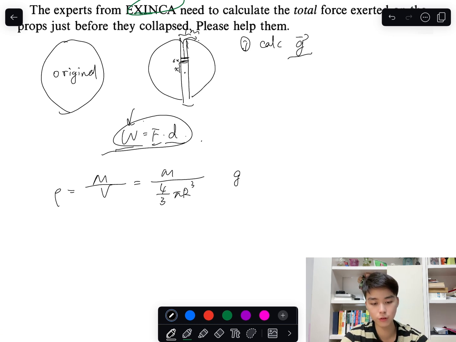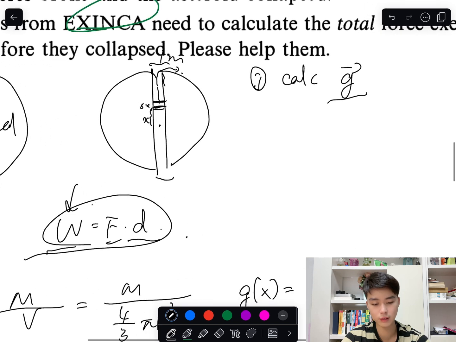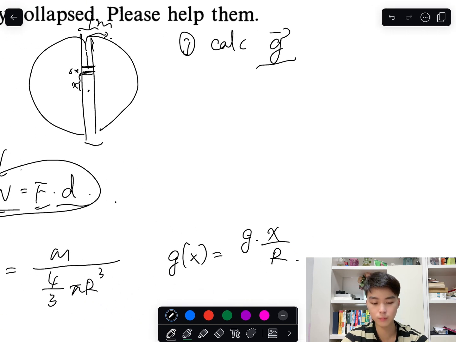First of all, we will use Gauss's theorem to prove that g(x) equals g times x over R, because this is a linear model. Gauss's theorem tells us that the sum of all the charges inside over epsilon 0 equals the integral of the electric field times dS.